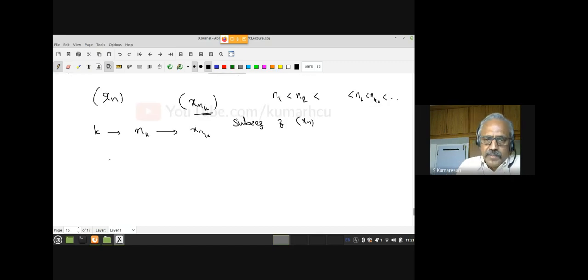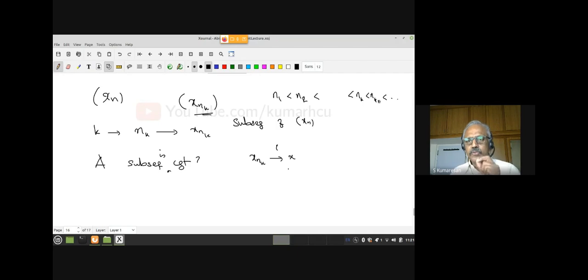Now what is the meaning of a subsequence converging? That is, when I want to write x_nk converges to x, what is the meaning? I only know how to define a sequence converging, but analysis textbooks will simply assume subsequence convergence.